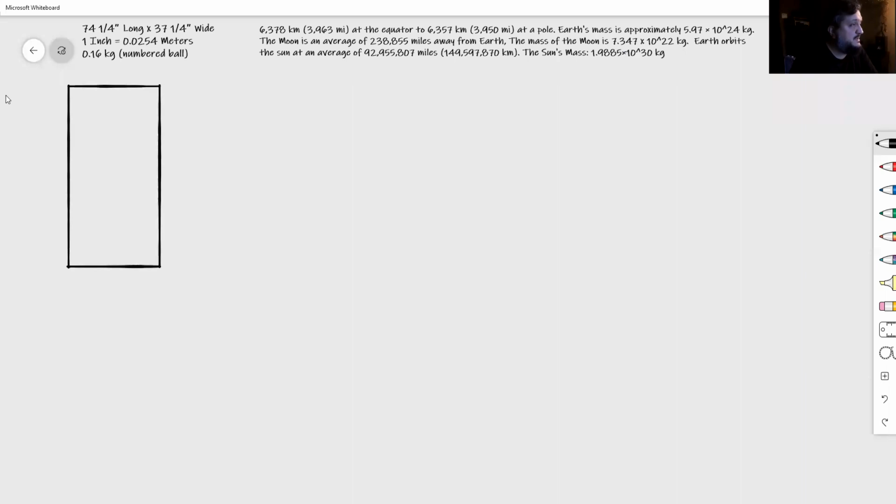And so the dimensions, let's write down the dimensions. Let's call it D. This is 37.25 inches long. Let's convert this to meters.